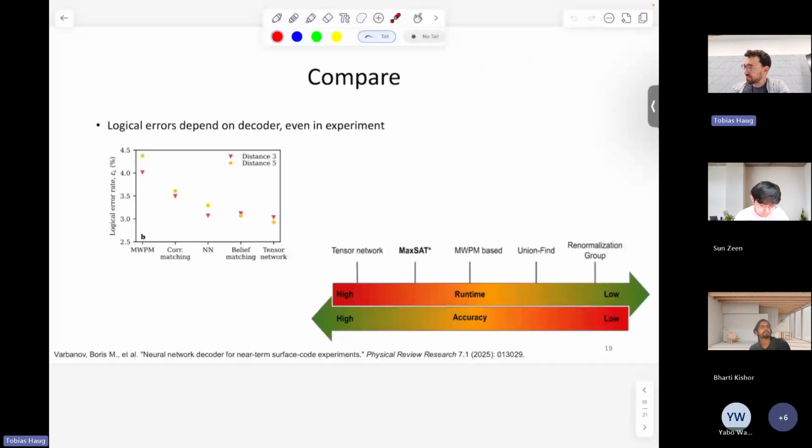Okay, I just want to show you that the trade-off of speed versus accuracy is something that's very real. In a recent paper, it has been studied what the performance of the logical error rate is for different types of decoders on experimental data. And they found pretty much what you expect from the runtime versus accuracy trade-off.